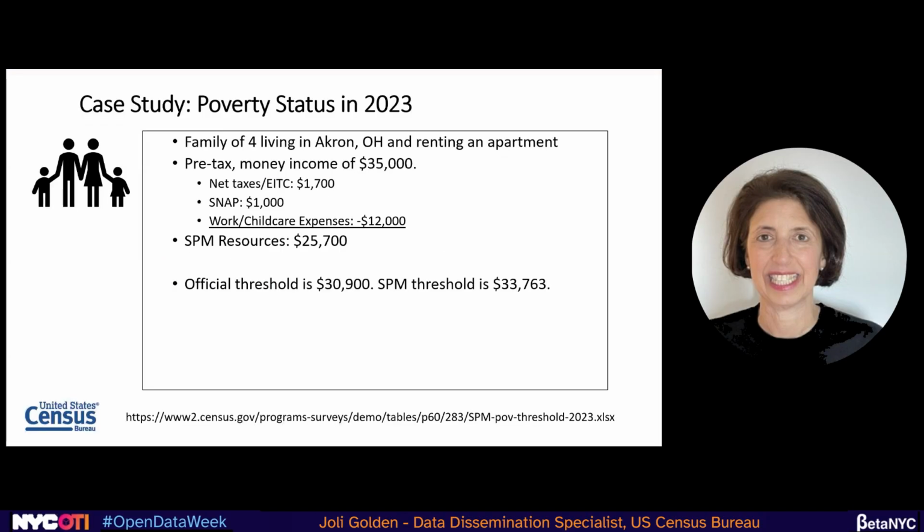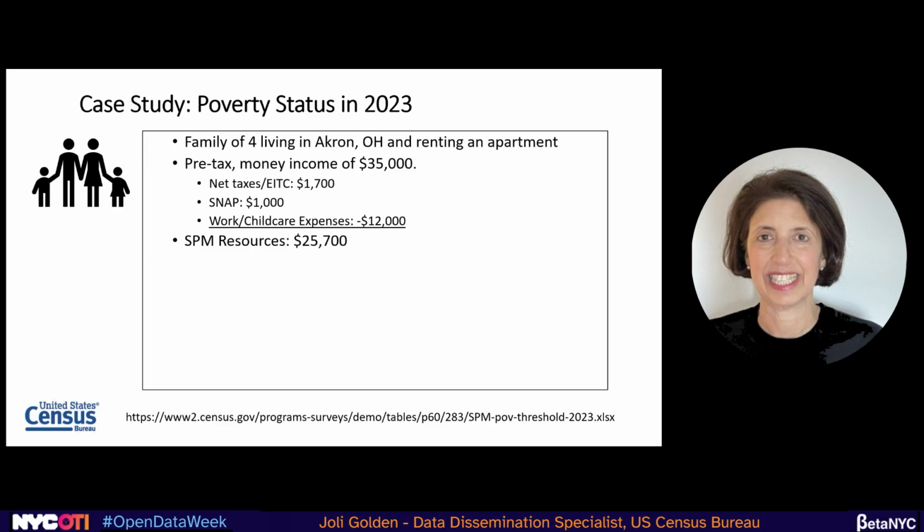Moving on to a case study related to a family of 4 living in Akron, Ohio in 2023, and they're renting an apartment. Just to show you how this can break down, their pre-tax money income is $35,000.